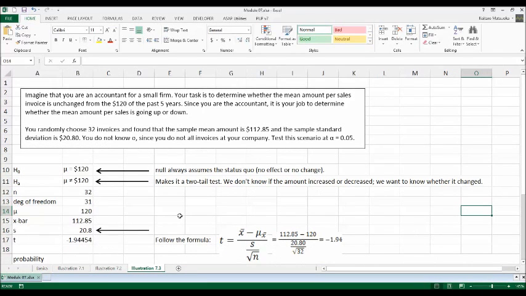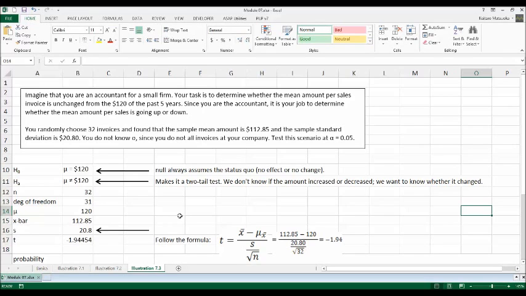Lastly, sometimes you have no idea whether the situation is less than or greater than. We just know that the amount is equal to, or is not equal to, some number. So for example, imagine you're an accountant for a small firm. Your task is to determine whether the mean amount per sales invoice is unchanged from $120 during the past 5 years.